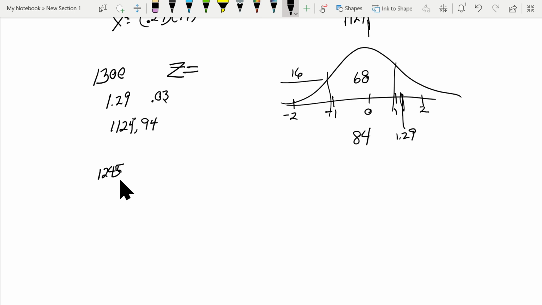How about the 0.03? It's going to be much closer to that 1124 average. 0.03 times 94 added to that average 1124.